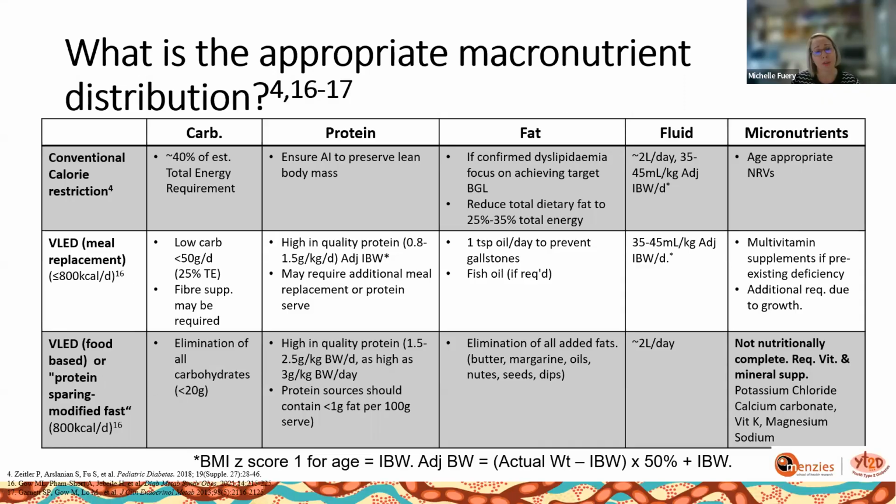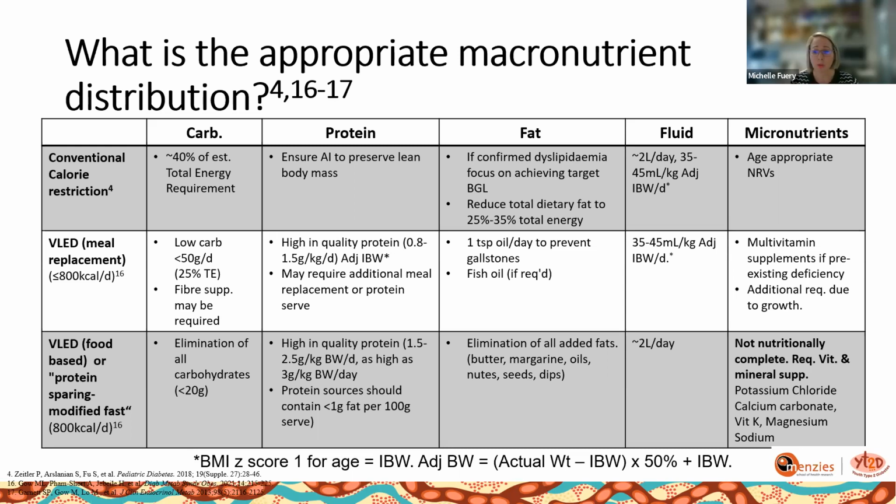So what is the appropriate macronutrient distribution? Well, the jury is out in terms of the appropriate macronutrient distribution. 3 different interventions are displayed on screen with various carb, protein, and energy. And a recent study by Garnett and colleagues looked at the optimal macronutrient content of diets for adolescents with pre-diabetes.